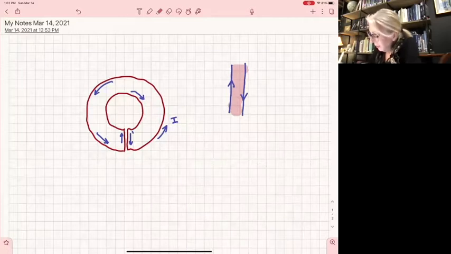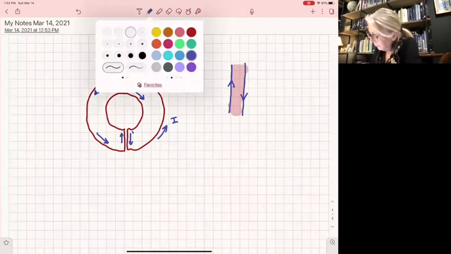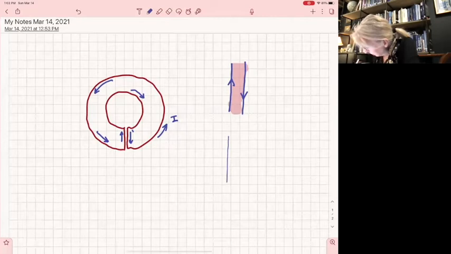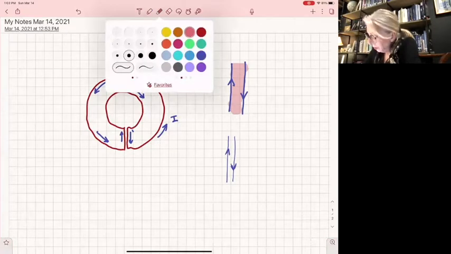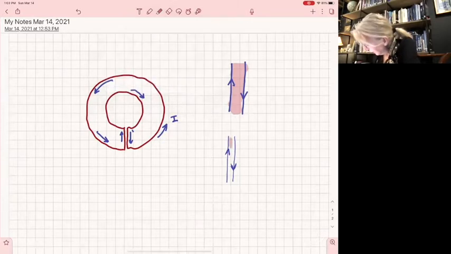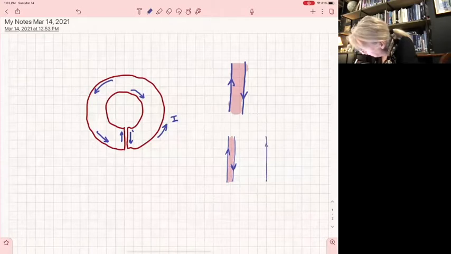The closer the two wires come, the more this field will concentrate in a smaller and smaller region. So practically, if they come almost one on top of the other, then the field concentrates only here.